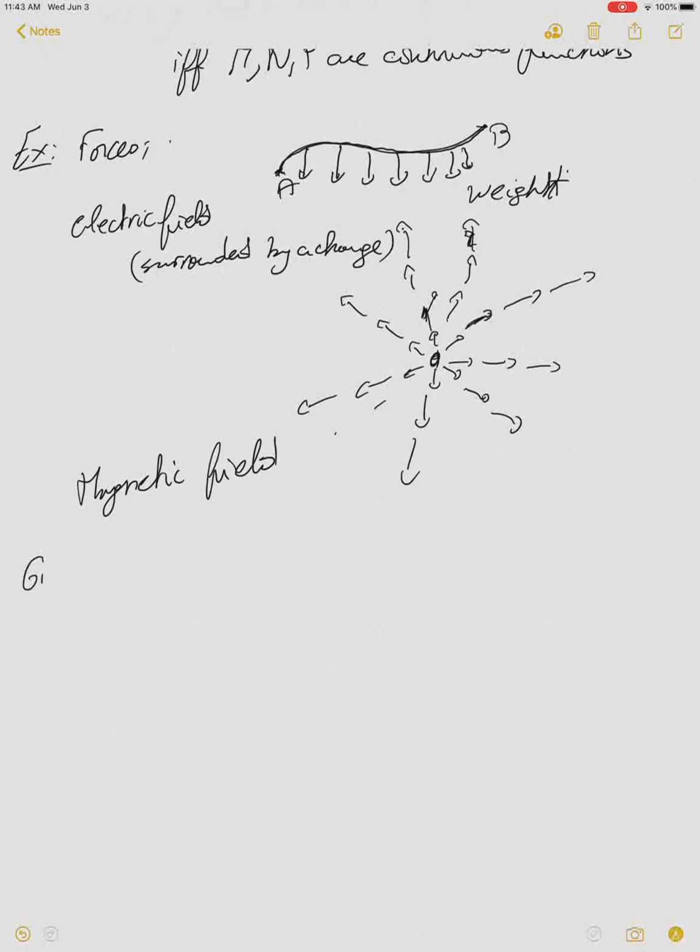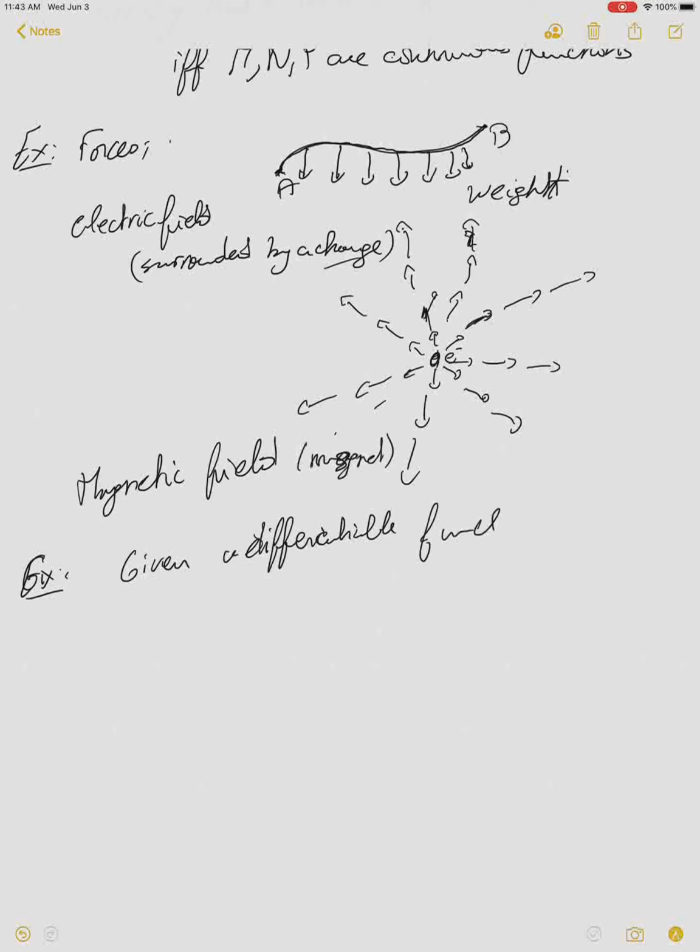For the example given by a charge, I have here an electron, and around it there is an electric field. For the magnetic field, you can take the example of a magnet creating a magnetic field.